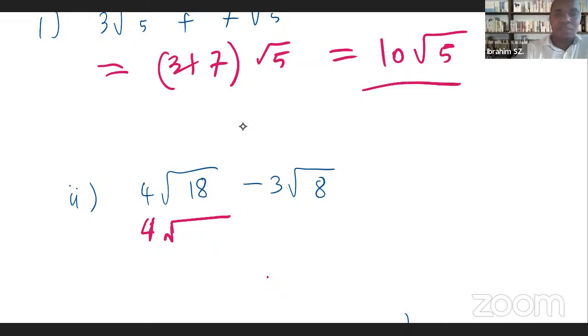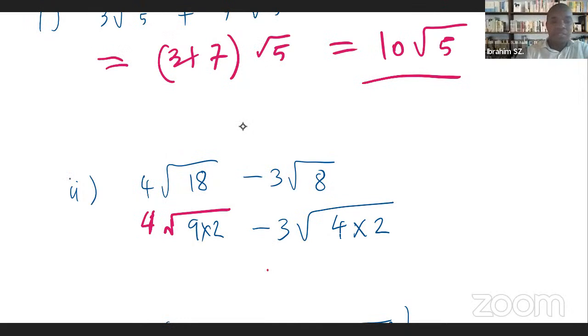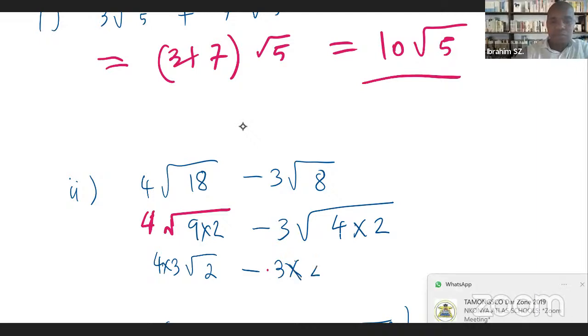I'm sorry for that. For 9 times 2 minus 3 square root of 4 times 2. And from here you can see that you are going to take the square root of 9 out. So you're going to have 4 times 3 root 2 minus 3 times 2 root 2.